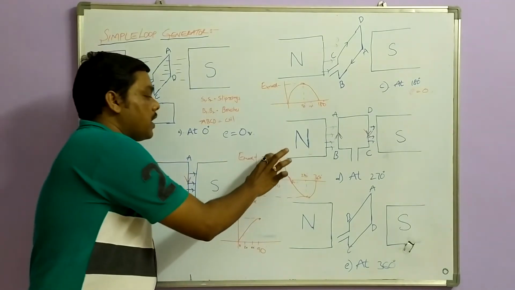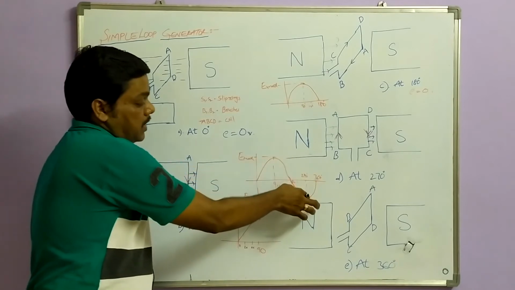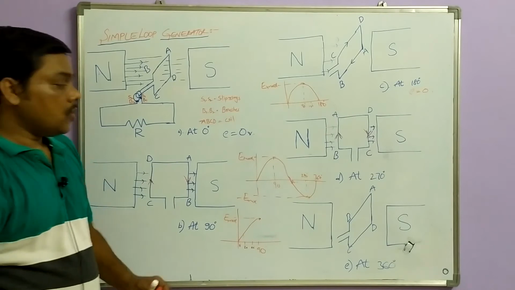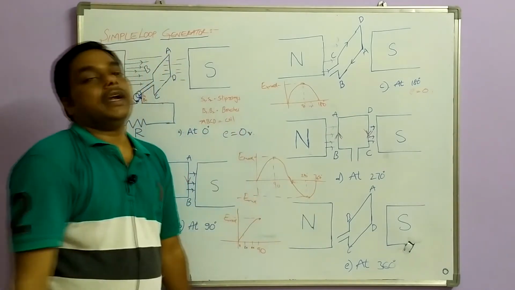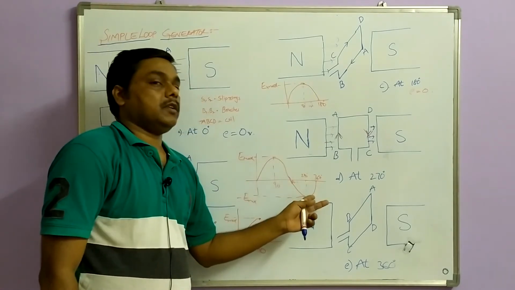So this is the rise in EMF, this is the decrease in EMF, this is again a rise in EMF, and this is again a decrease in EMF. So we are getting one positive cycle and one negative cycle.